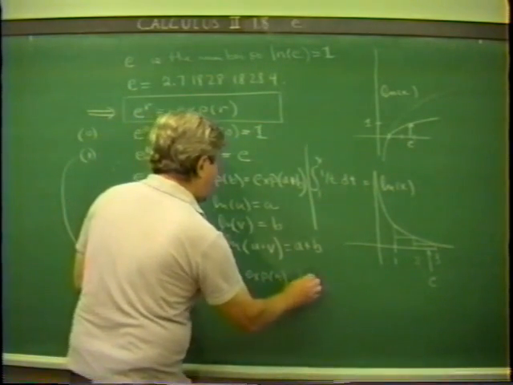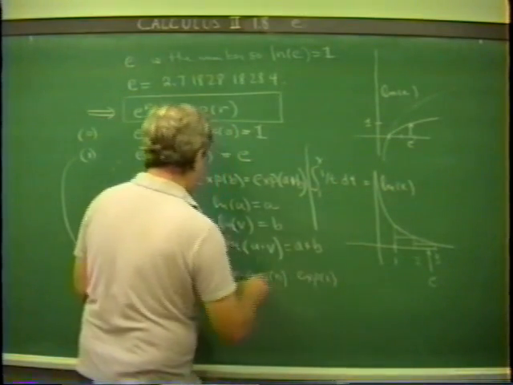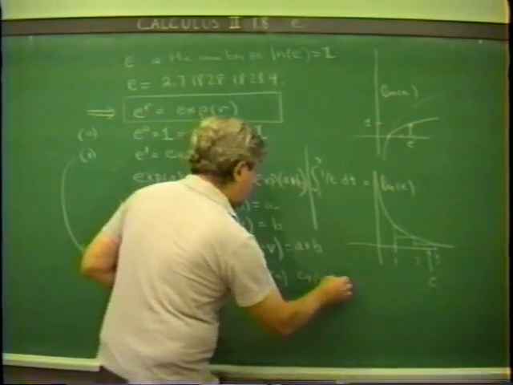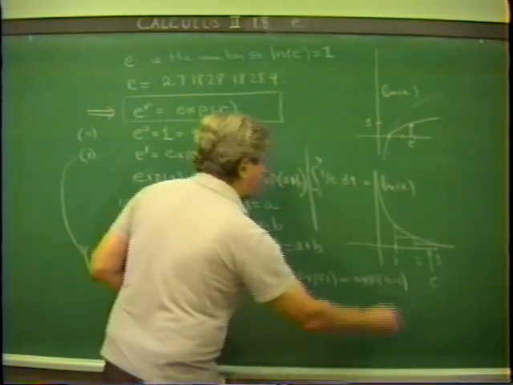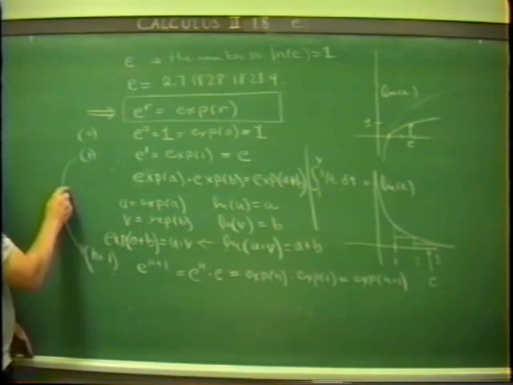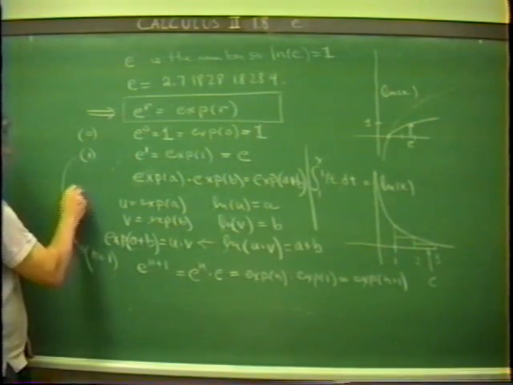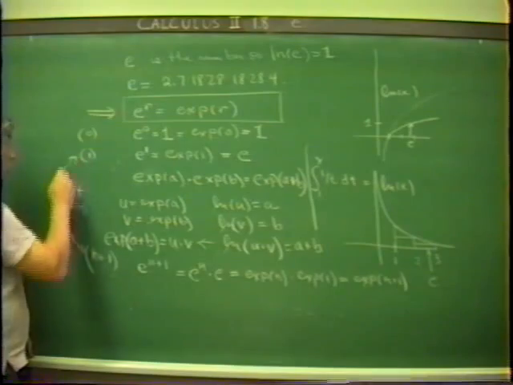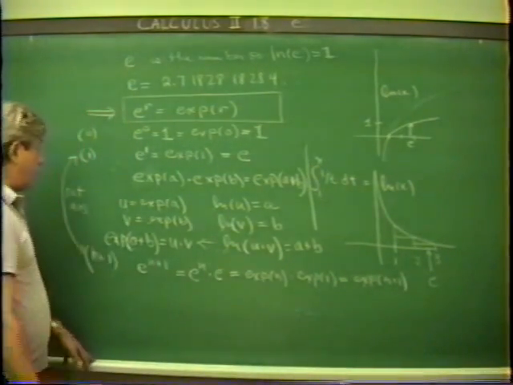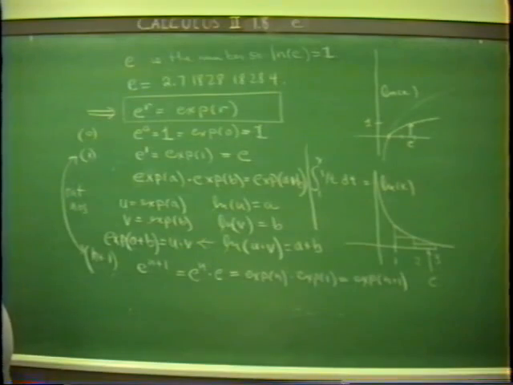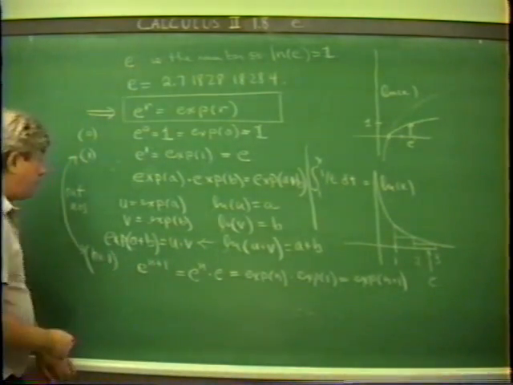Presumably, this, by induction, is going to be exponent of n times exponent of 1, which is going to be equal to exponent of n plus 1. So now we have this true for 0 and the natural numbers. Exponent of n plus 1 is e to the n plus 1.